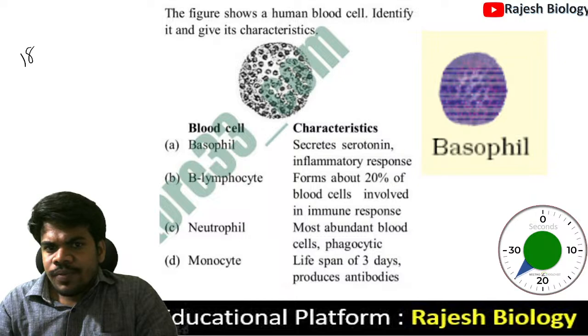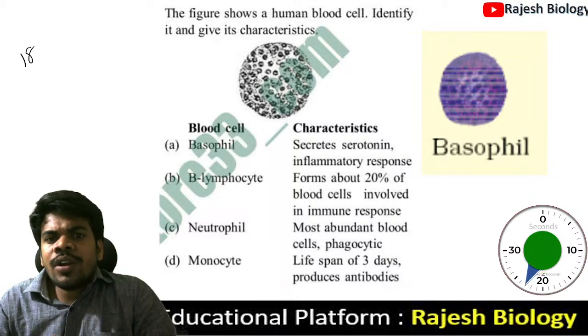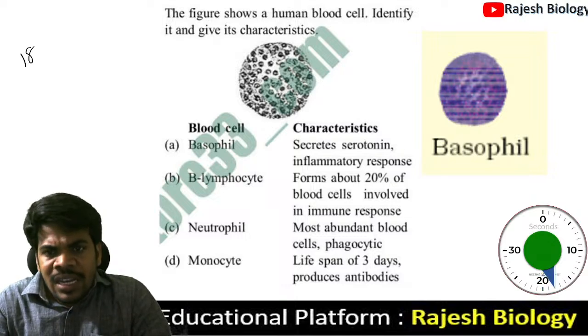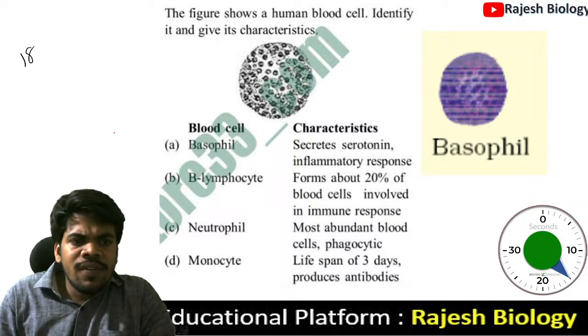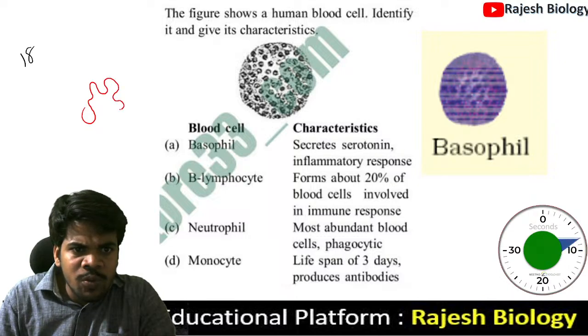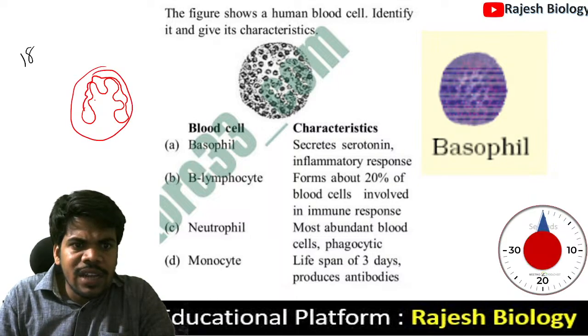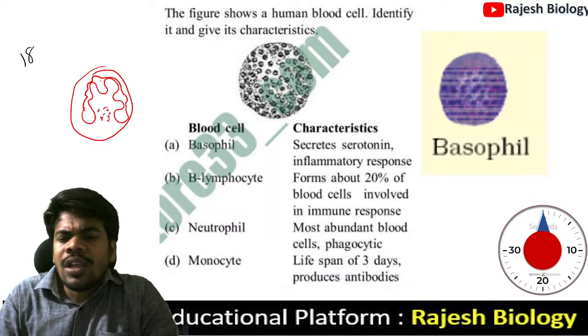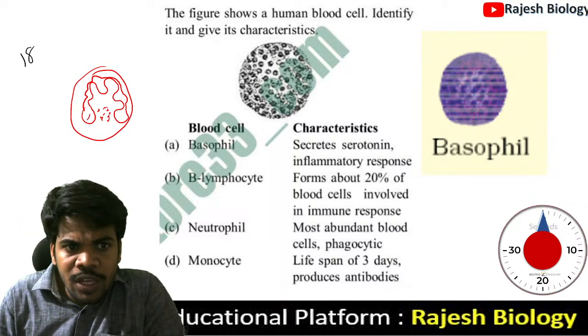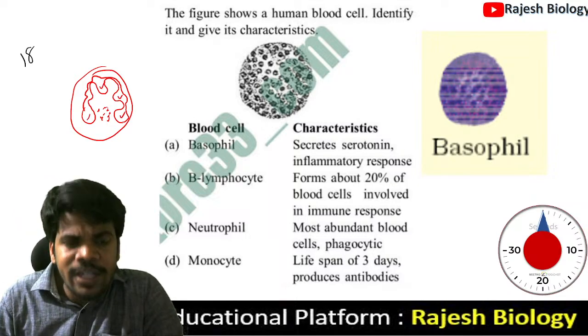Basophil diagram. These cells are also very important. You have to observe clearly which cell it is. If there are more lobes in the nuclear structure and granules are there, that is neutrophil, a polymorphonuclear leukocyte.